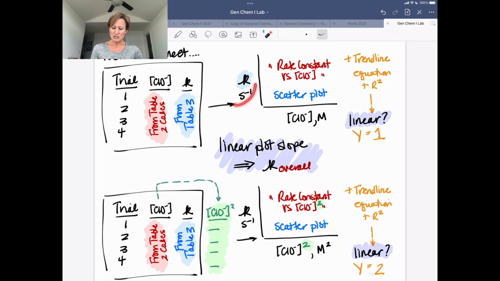So it's either going to be, this is our y, which really has a seconds in the denominator, over x. So it's either going to be reciprocal seconds, reciprocal molar, or it's actually going to be reciprocal seconds with 2 molars that are reciprocal, 2 molars in the denominator. Okay, so make sure you have your right units for that overall rate constant.